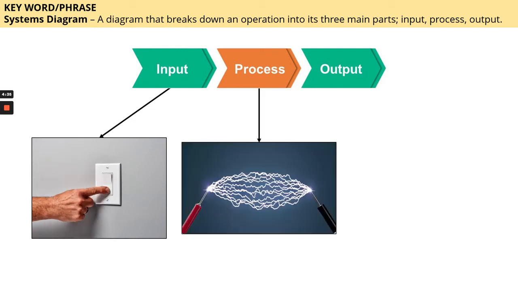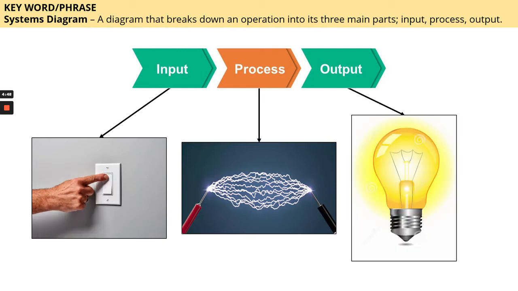The input device will send a reaction signal to the process device, which is let's turn this light on, or let's turn this device on. Let's send electrical current to it. And then that goes to the output device where it creates a real world signal. In this example, the light will turn on and the real world signal is producing light. So that is the basic breakdown of what a systems diagram is.